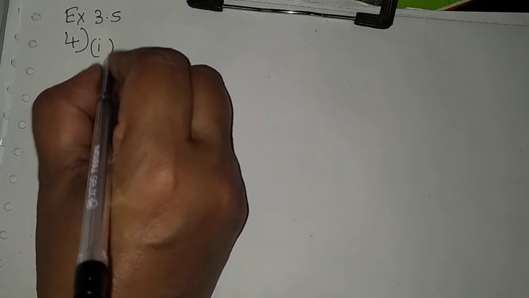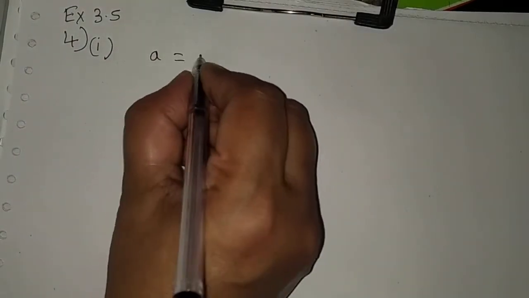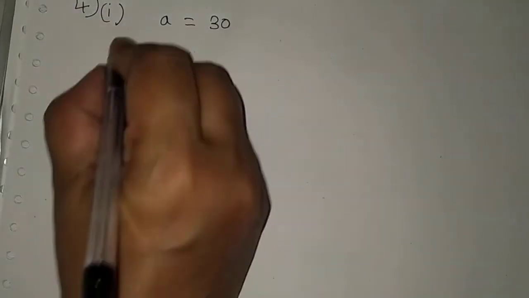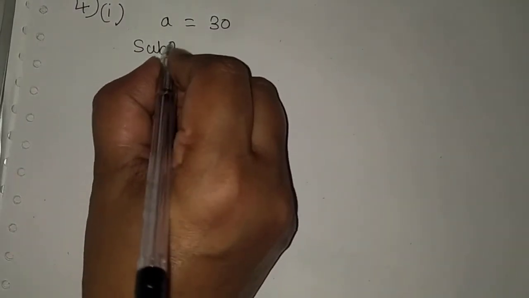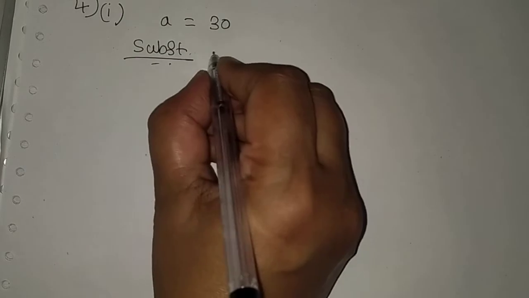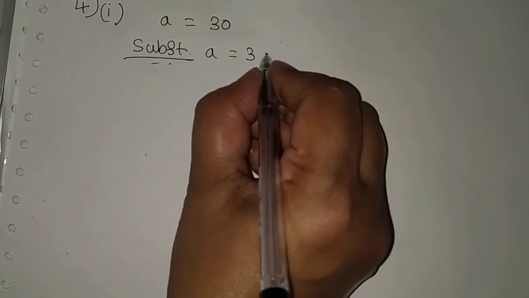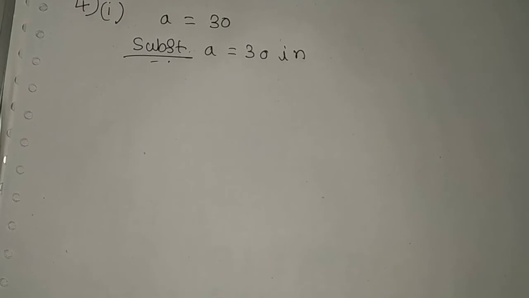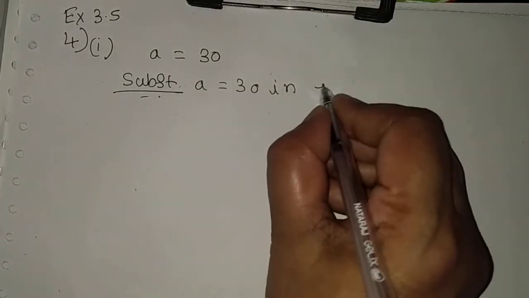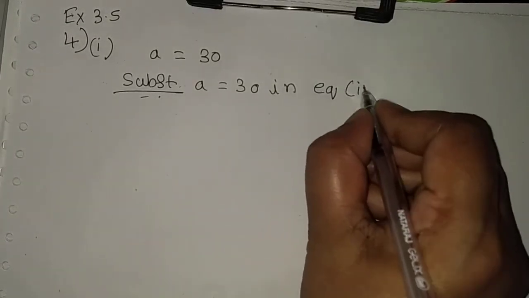Okay. Next. Here, this is the fourth problem, first problem. So here how much we got? a equal to 30 we got. Now substitute a is equal to 30 in equation 3.